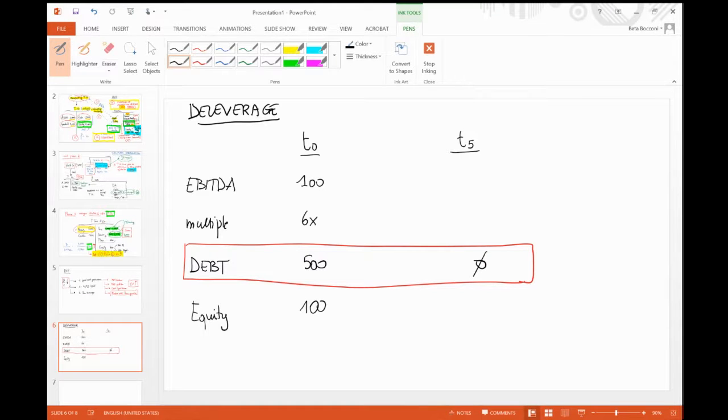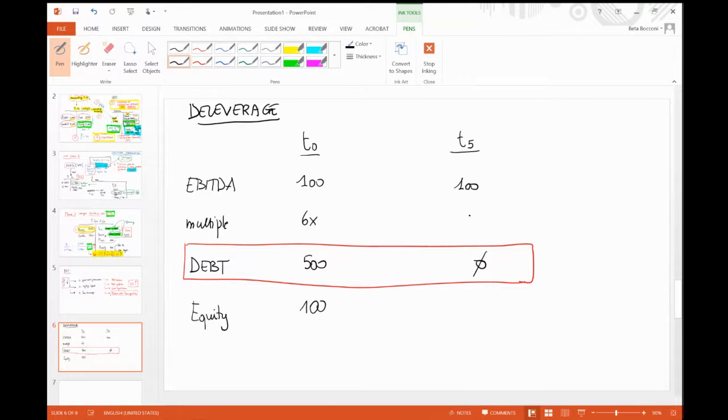Clearly, if you use all the cash to repay the debt, you will not invest in new products, new services, new markets. So if the company is sufficiently robust to withstand this kind of cure, the company will not perform much better than T0. So let's assume that the EBITDA will remain constant.